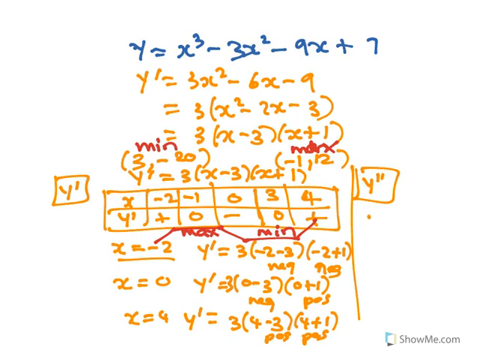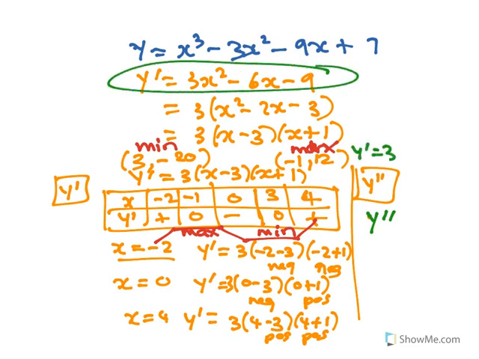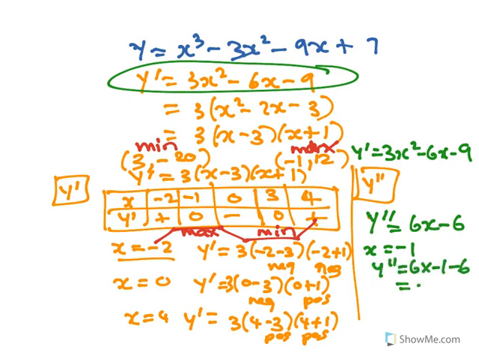So if you look at now doing this with y double dash, so here's y dash, so y dash is 3x squared minus 6x minus 9. Y double dash is 6x minus 6 when you differentiate. If you put in x is minus 1, y double dash is 6 times minus 1 minus 6, minus 12, which is negative, so it's a maximum.